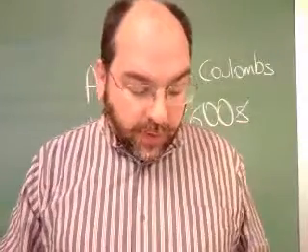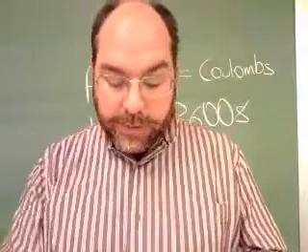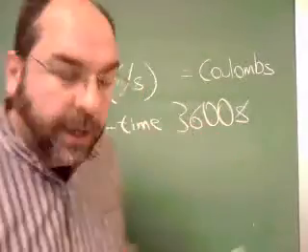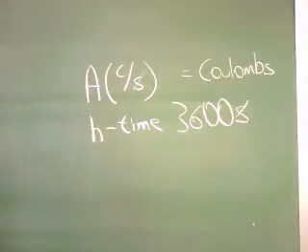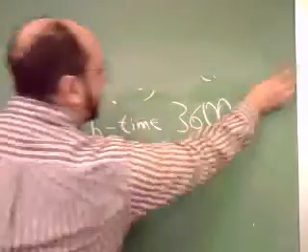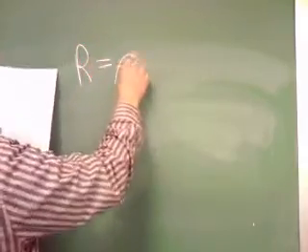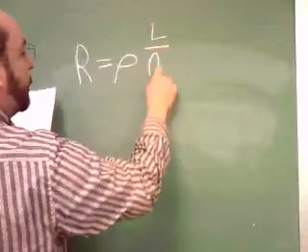If aluminum and copper wires of the same length have the same resistance, which has the larger diameter and why? I need an eraser. So, resistance equals resistivity times length over area.